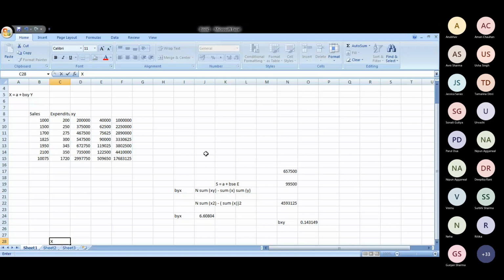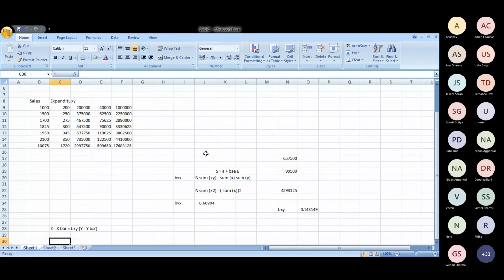If we want to remove a, the equation becomes x minus x bar is equal to bxy times y minus y bar. So for that we have to find the values of x bar. X bar means the mean of x, so we will take the mean of this.